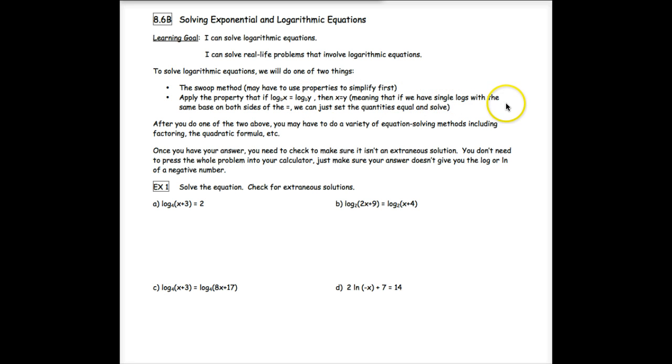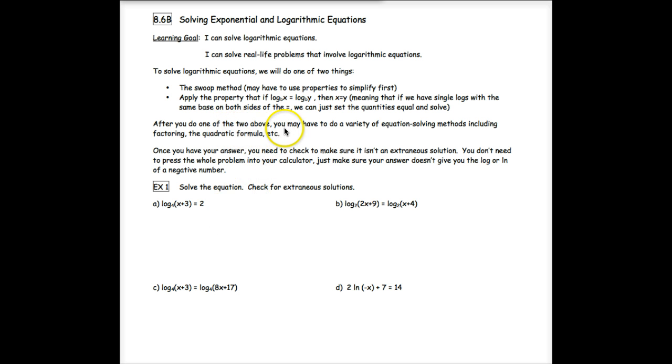So if we have single logs with the same base on both sides of the equals, we can simply set the quantities equal to each other and then solve. So that should be pretty easy. Now we will have to check here for extraneous solutions, so make sure that once we get an answer, we check it to make sure that it works.